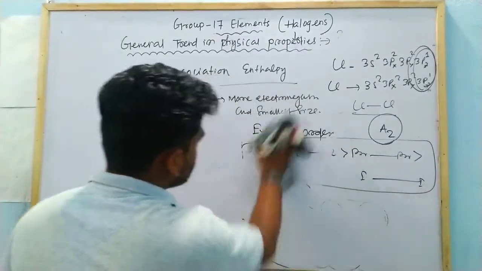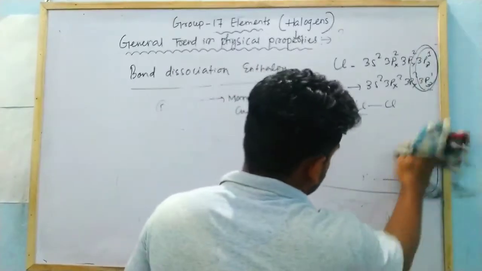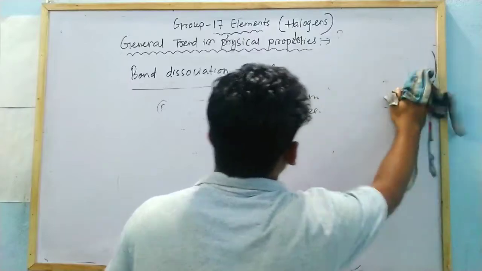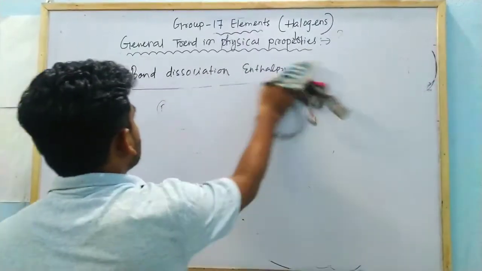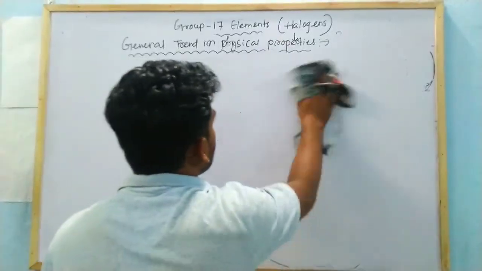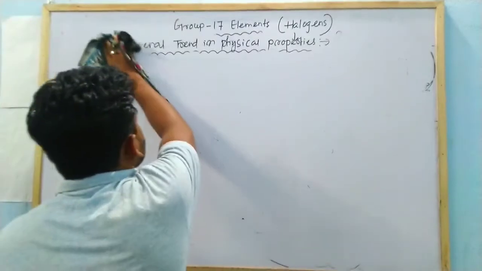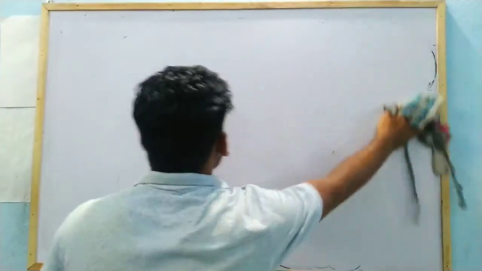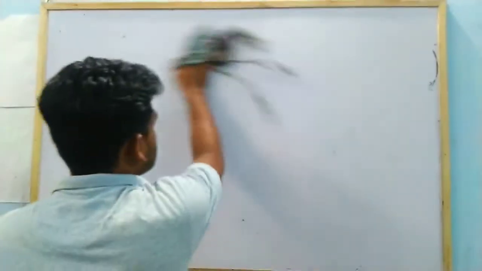So now these are a few general characteristics of halogens. Next we will discuss some chemical properties of halogens.